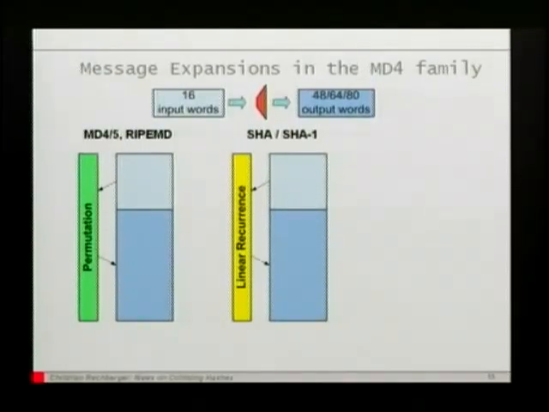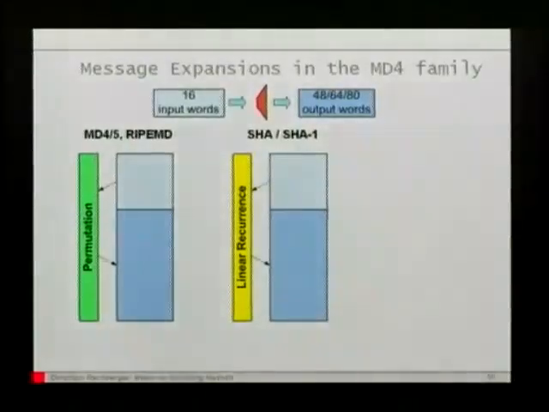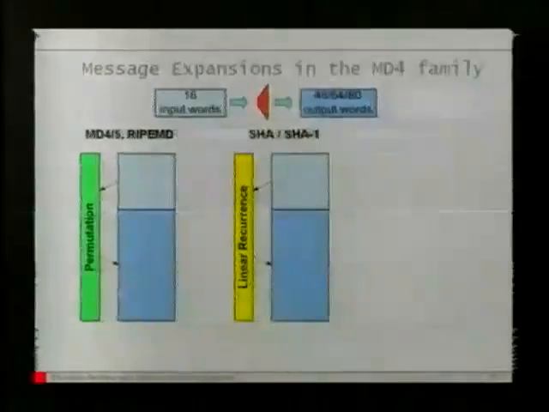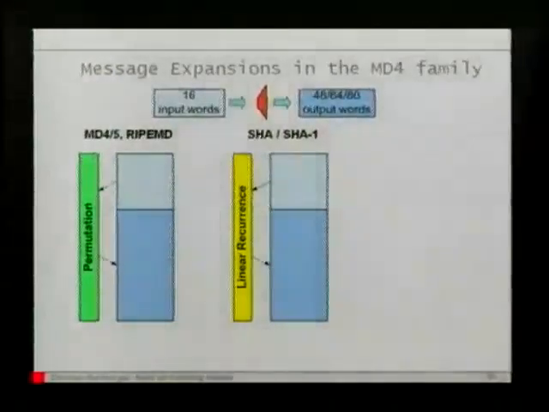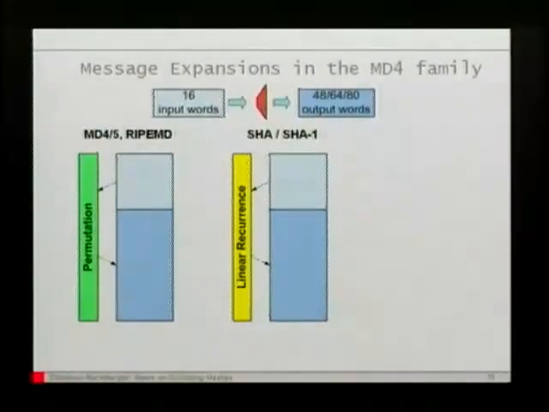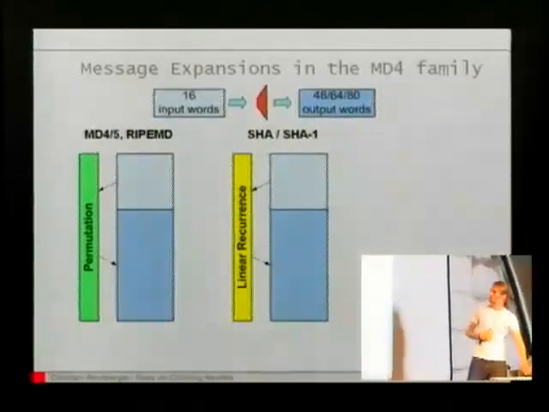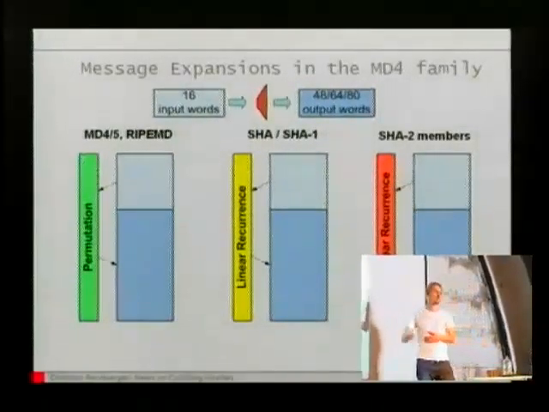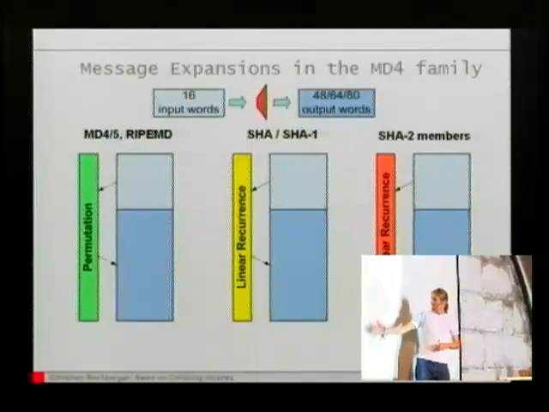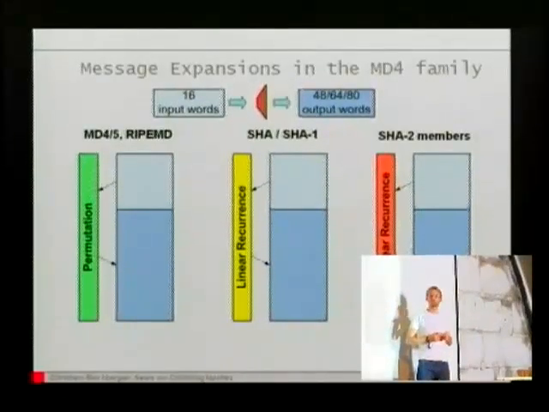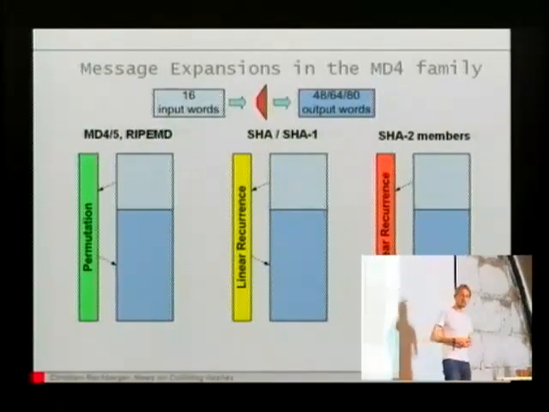The NSA designs, SHA and SHA-1, do a little different things. In fact, they use a linear recurrence relation to derive the expanded message words, which is supposed to make things more complicated. Then in the newer members of the SHA family, there's even more complicated stuff going on. Here there's a non-linear recurrence relation.